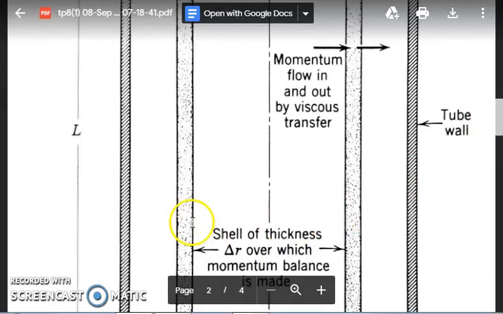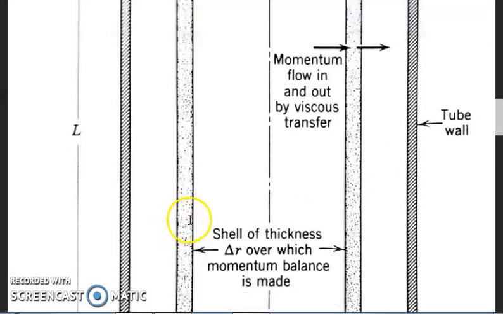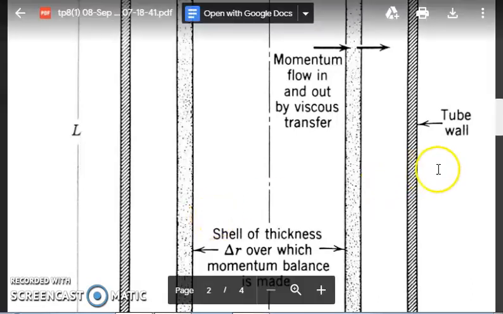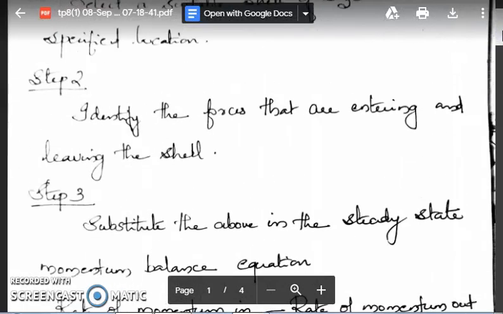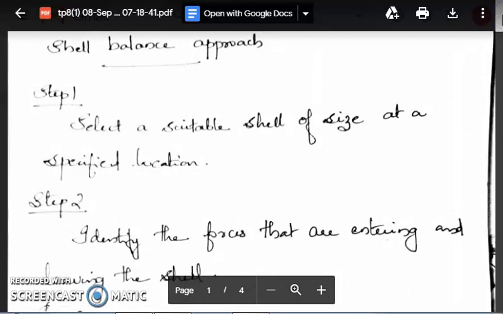So this much distance, that is the thickness of this shell, we are taking it as delta R. For pipe flow and all, we have to take it as delta R. If in the question it is given that you are considering the flow over a plate and all, you have to take it as delta X. So this is the problem. So first step is you have to identify a shell of suitable size at a specified location.